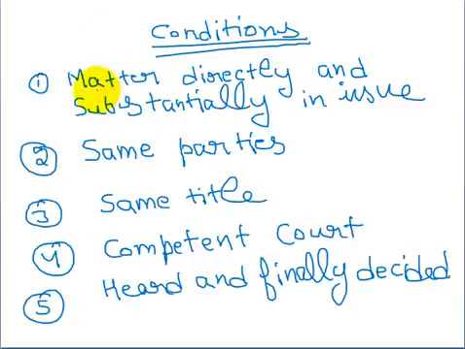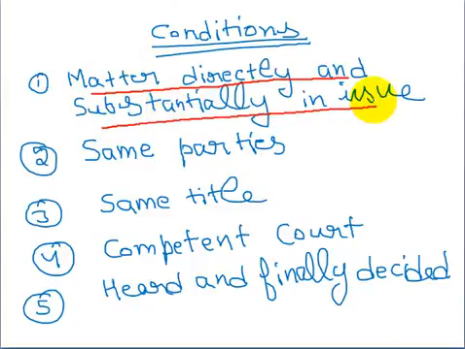First condition, matter directly and substantially in issue. The matter directly and substantially in issue in the subsequent suit or issue must be the same matter which was directly and substantially in issue either actually or constructively in the former suit.